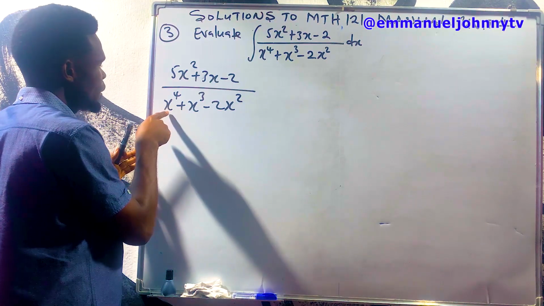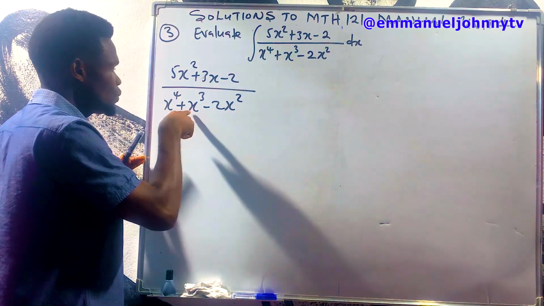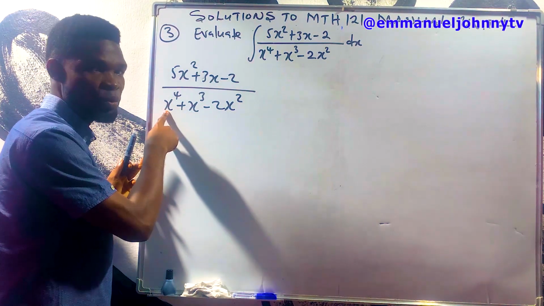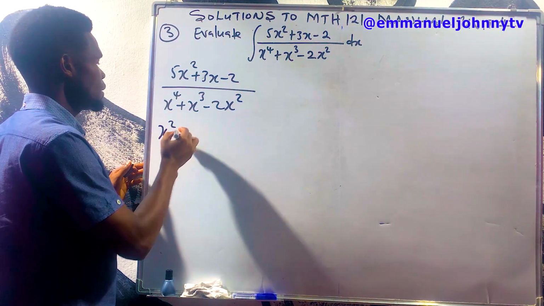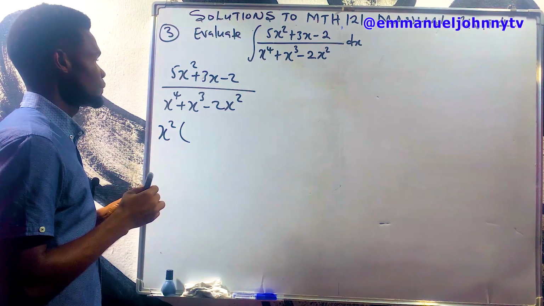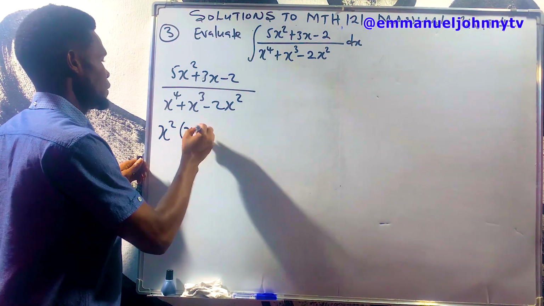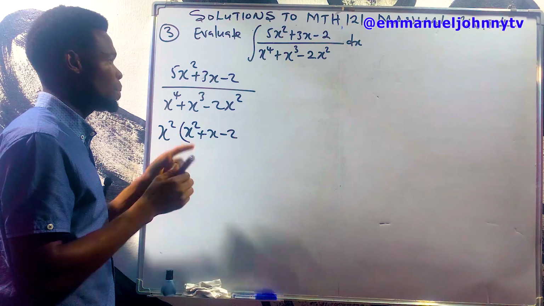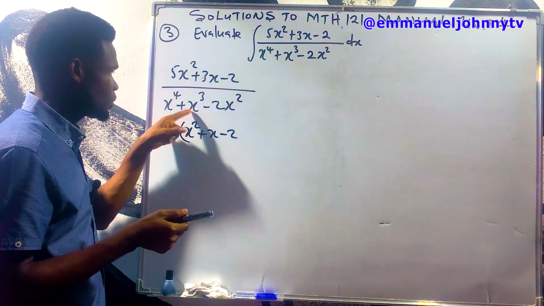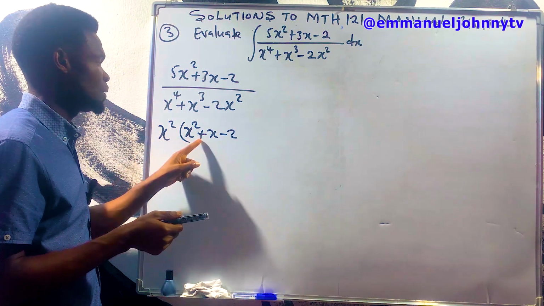So what you have here is x squared in each term. Bring out one x squared, that is to say factor out x squared. If you do, here you'll be left with x squared, here you'll be left with 1x, then minus 2.